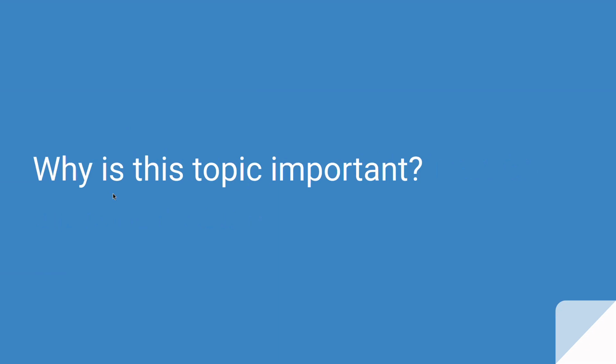Why is this topic important? The topic is important because we are currently undergoing a major rewrite of the Xline project, which will be rolled out in version 0.7. And we want you to know what is going on in this rewrite.